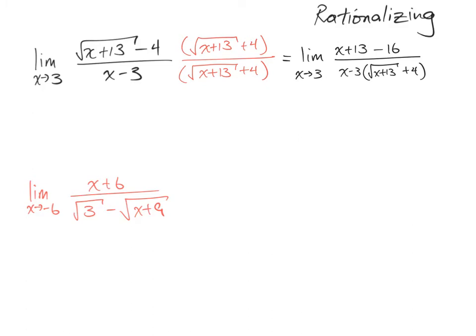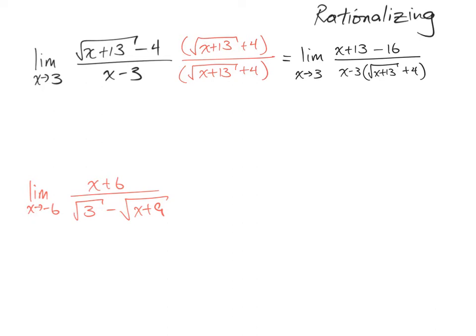So this red fraction here is what the conjugate pair looks like. It is the side containing the square root with the other term. So we have the same two terms here, the square root of x plus 13 and 4. Now the sign in between them is plus instead of minus. The entire point in doing this is to get rid of the square root in the numerator.